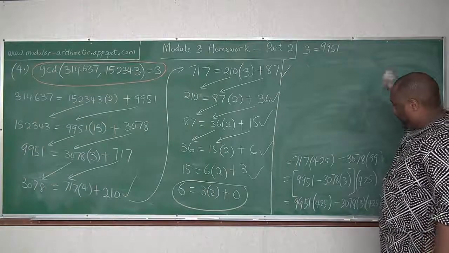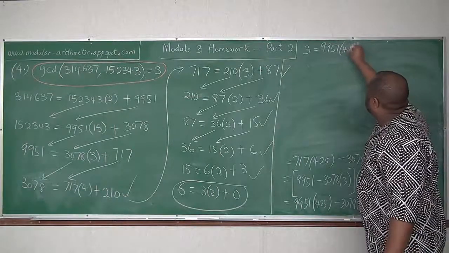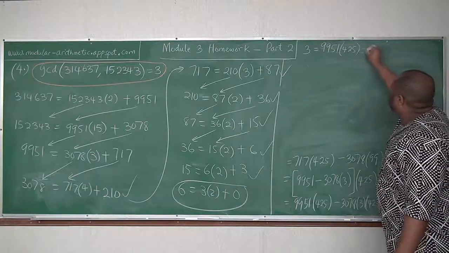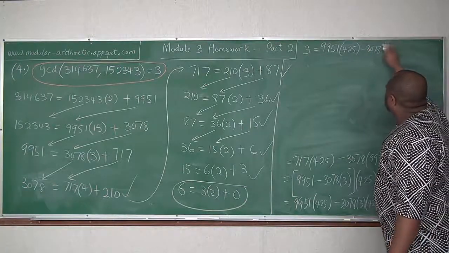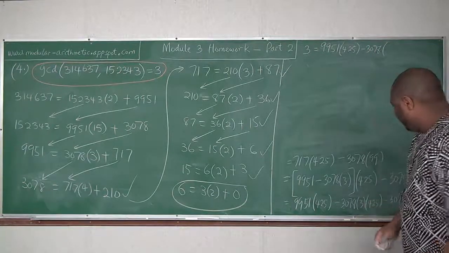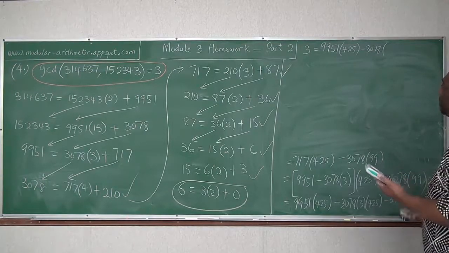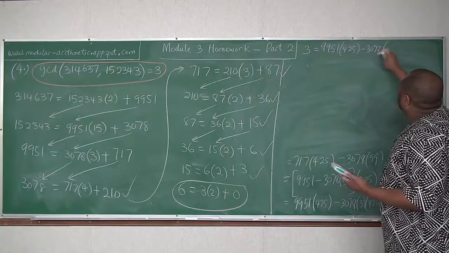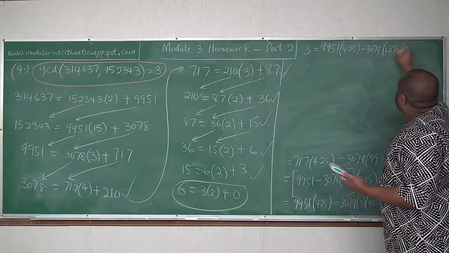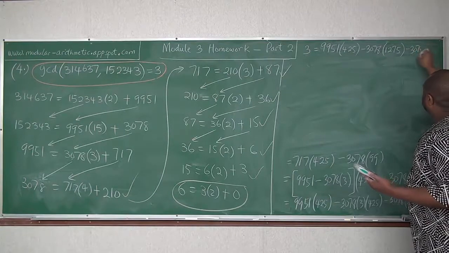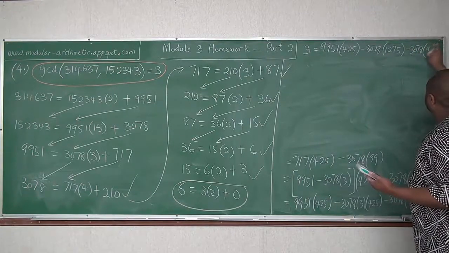So this is 9951 times 425 minus 3078 times, 3 times 425 is 1275, minus 3078 times 99.